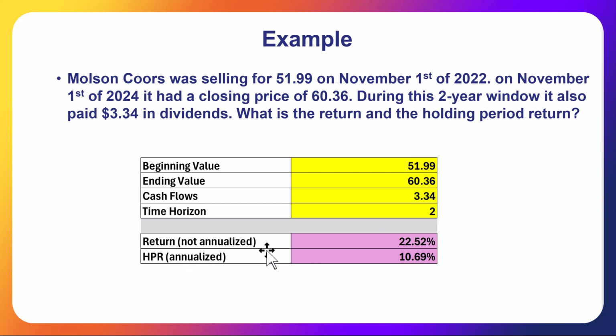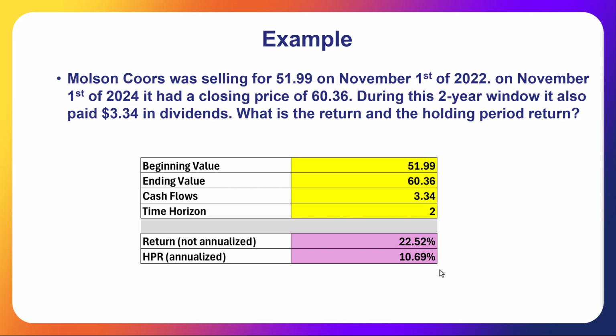So the return on our investment was actually 22.52% over the entire 2-year window. However, if you annualize that, what do we actually earn on average per year? That's what we refer to as the holding period return. You see here it is annualized. That is roughly 10.69% per year.